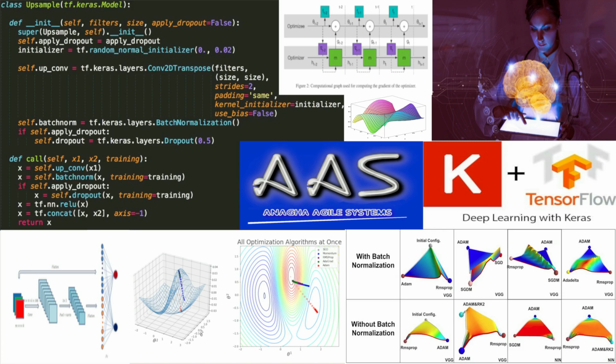Finally, we end this video with some of the latest features of TensorFlow 2.0. So let's start the fantastic journey of TensorFlow and its evolution as a dominant player in deep learning ecosystems.